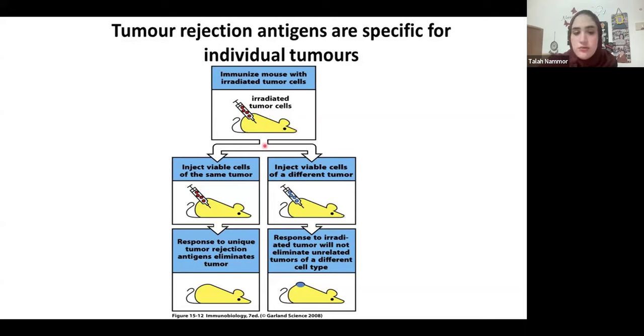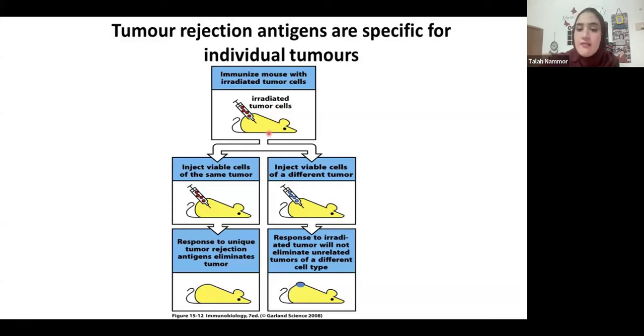Then they re-injected the same tumor and also injected something different. If you look at the end result, here there's no tumor, but here we got a tumor. What they're trying to say is that the first time, the mouse did not have a reaction because the body was able to fight it off. The body had specific antigens, a specific makeup, that was able to fight this kind of tumor cell.